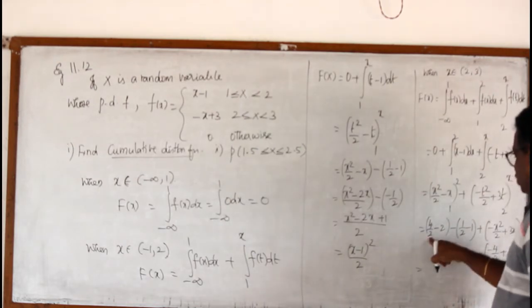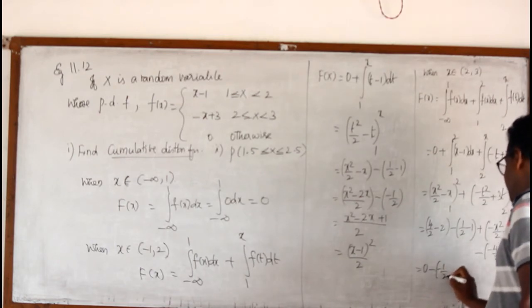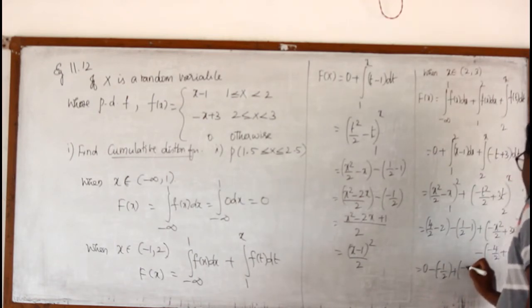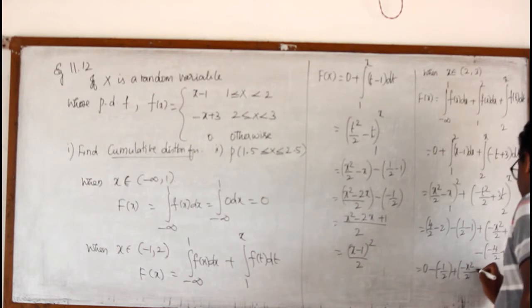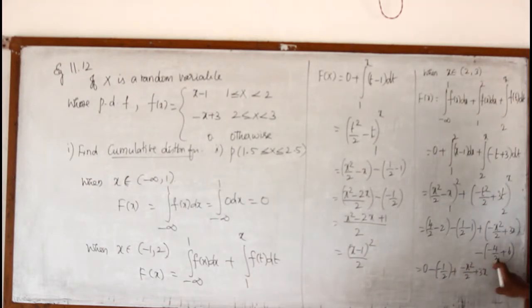It is 4 by 2 minus 2 is 0, minus of minus 1 by 2 plus minus x square by 2 plus 3x or minus x square plus 3x. 12 minus 4, 8. 8 by 2, or 12 minus 4, 8 minus 8 by 2.